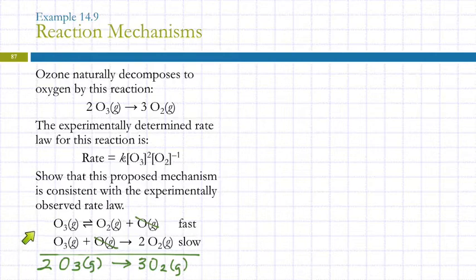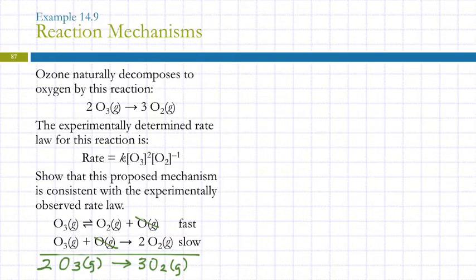What is the rate law predicted by this mechanism? Which of those 2 steps are we looking at? The fast one or the slow one? The slow one. The slow one is going to limit everything. So we're going to look at this slow step, and we can predict, because it's an elementary step, what the rate law is.